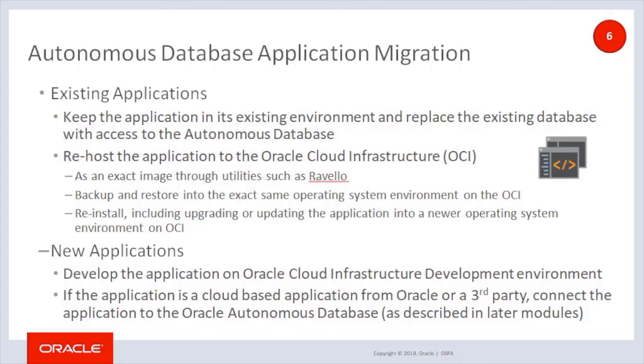First option is to keep the application in its existing environment and replace the existing database with access to the Autonomous database. The second option is to rehost the application to the Oracle Cloud Infrastructure. Rehosting the application may be straightforward or may require substantial reconfiguration. Oracle provides tools such as Ravello to assist in these migrations.